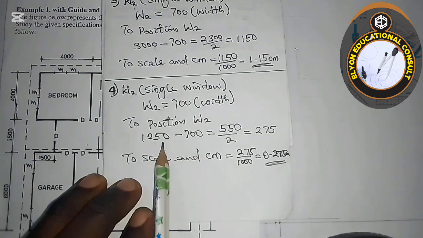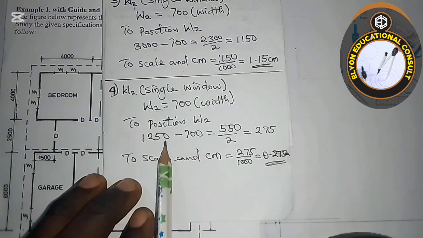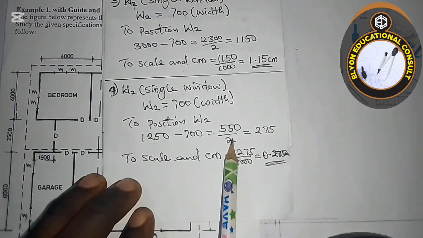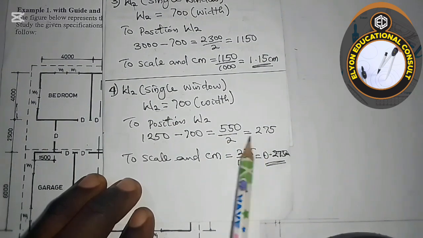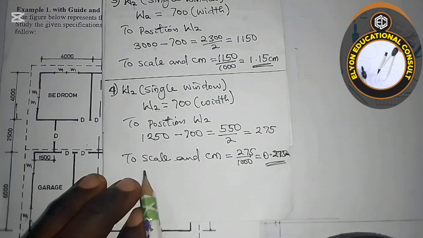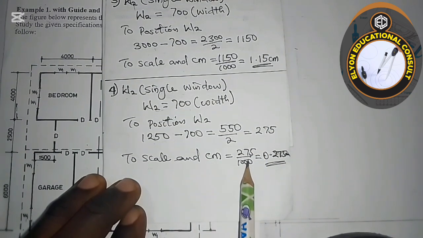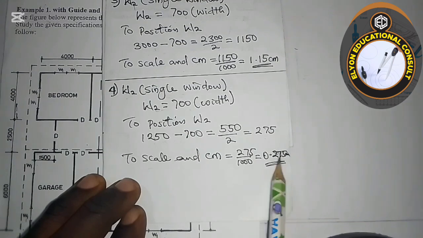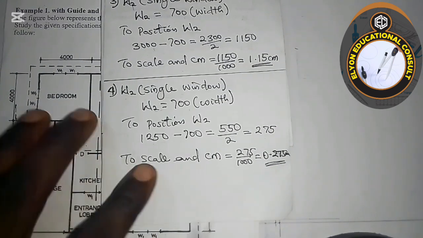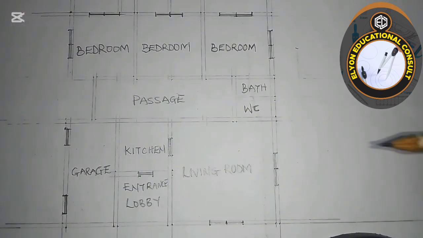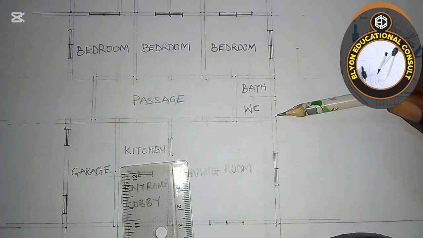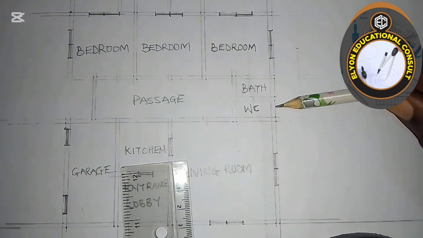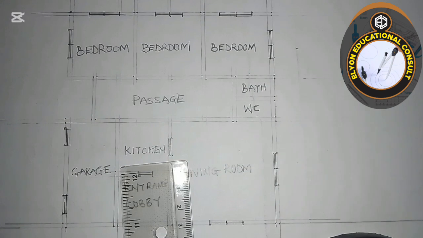So we have 1250 minus 700, and when we divide by 2, like I explained, and to scale in meters we divide by 1000, it gives us 0.275, approximately 0.3. So just like we did for the others, I'm going to be taking 0.3 to this side, 0.3 to this side. I'll quickly fix that now.